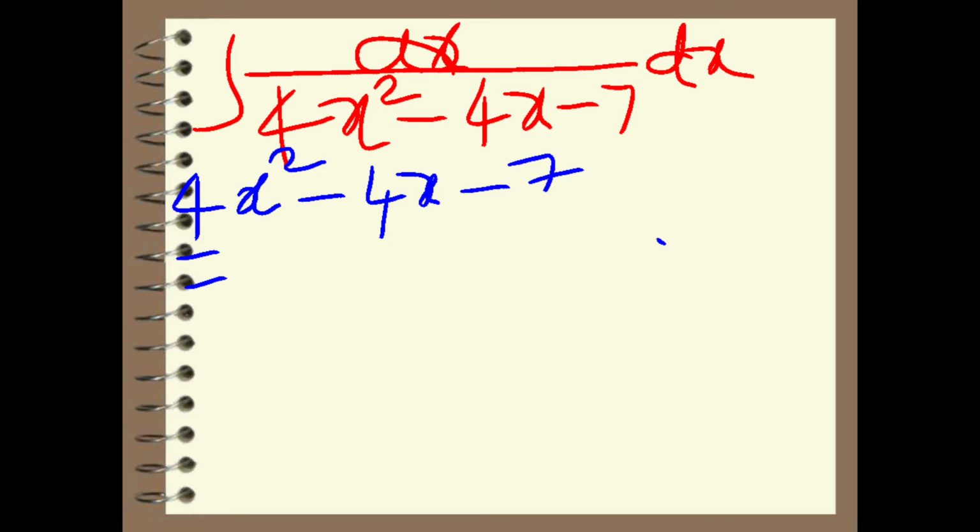The x square coefficient is not 1 here. If x square coefficient is 1, then there is no need of taking common. If x square coefficient is other than 1, we have to take it common. So here x square coefficient is 4, so we have to take common 4 from the expression.